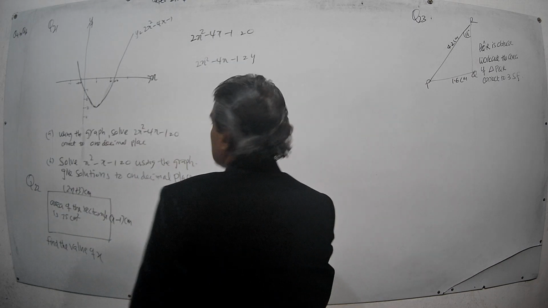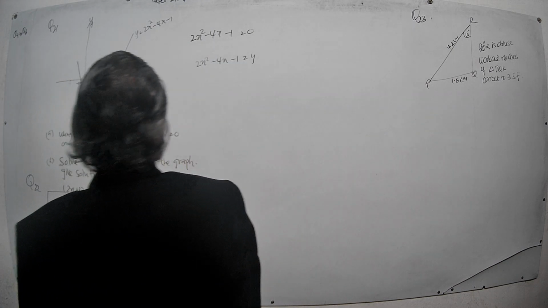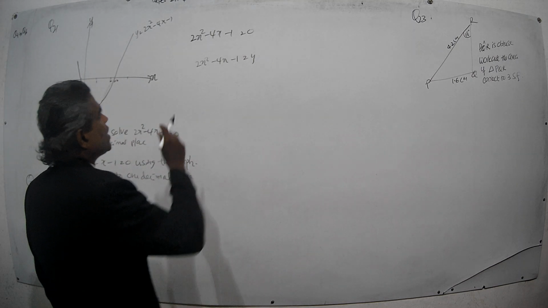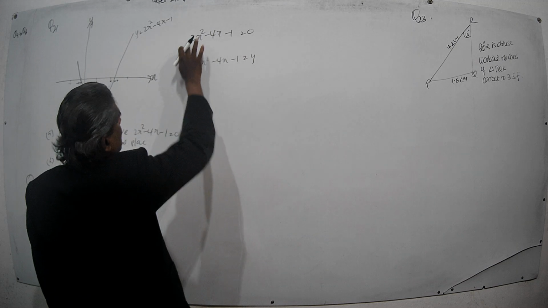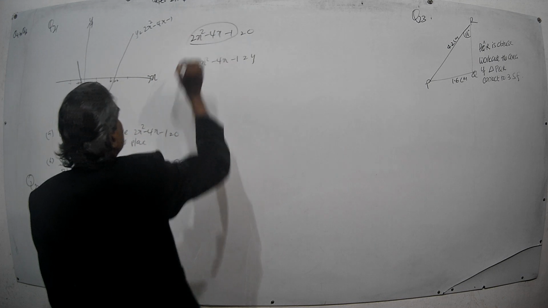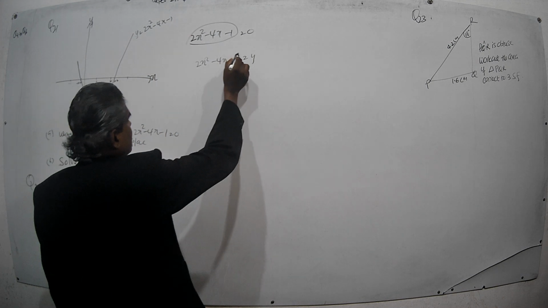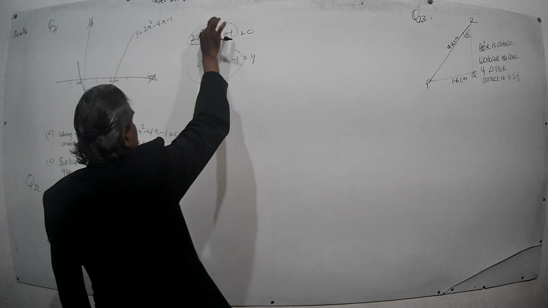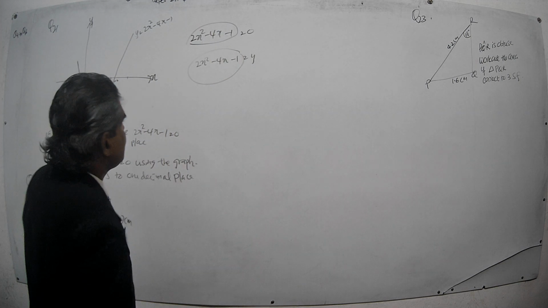Now compare this and this. This left side part of the graph equation and this quadratic equation are both the same.